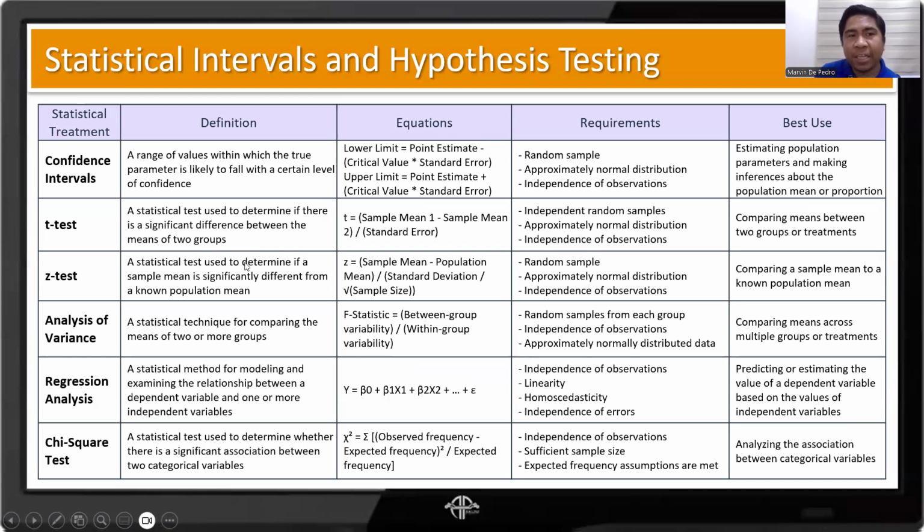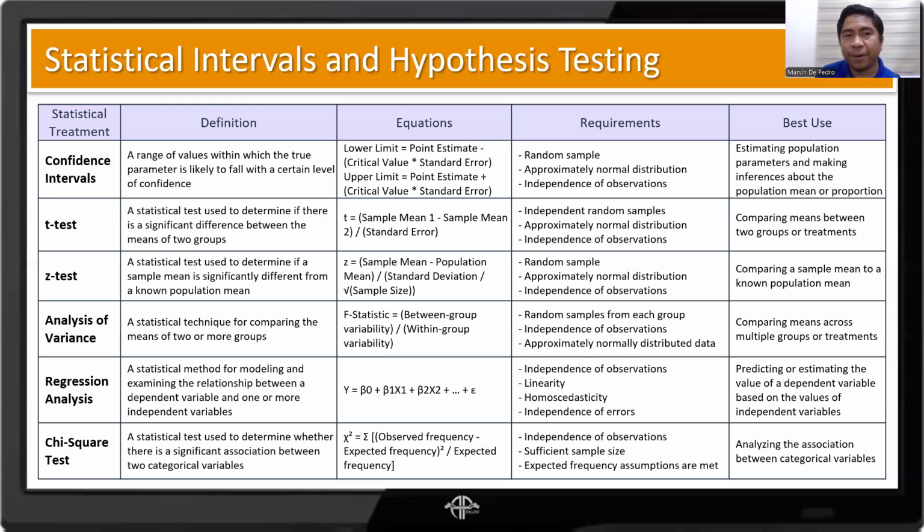The t-test is a statistical test used to determine if there is a significant difference between the means of two groups, or maybe just the mean of the measured and the mean of the accepted or ideal value. That's actually the same with the z-test, but the difference is in terms of sample size.